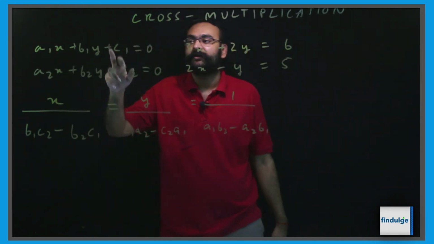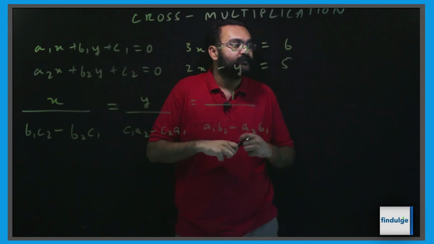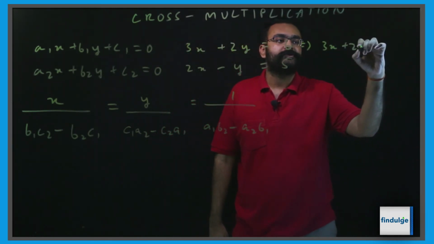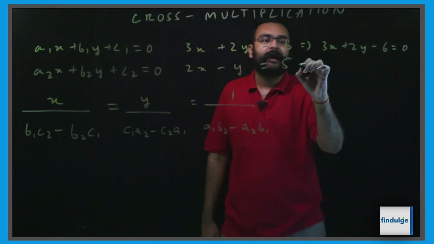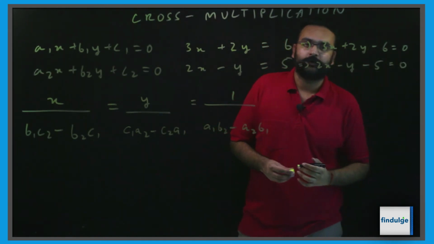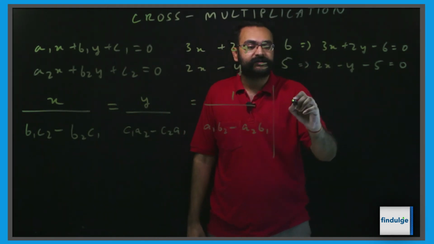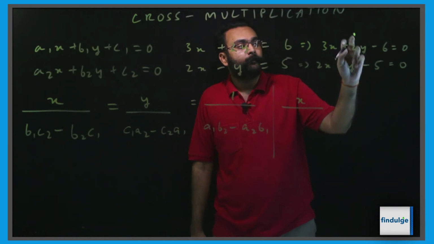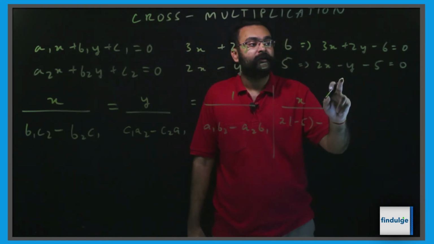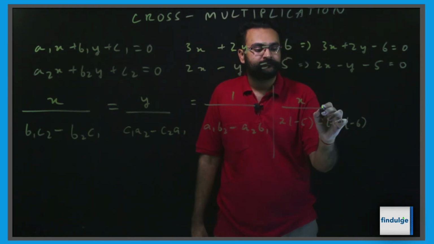First of all, if you notice, my constant terms should be on this side. So we'll just quickly rewrite our equations and bring our constants to this side. So we get 3x plus 2y minus 6 equal to 0 and 2x minus y minus 5 equal to 0. Our fractions are going to be x upon b1c2, 2 times minus 5, minus b2c1, minus 1 times minus 6.